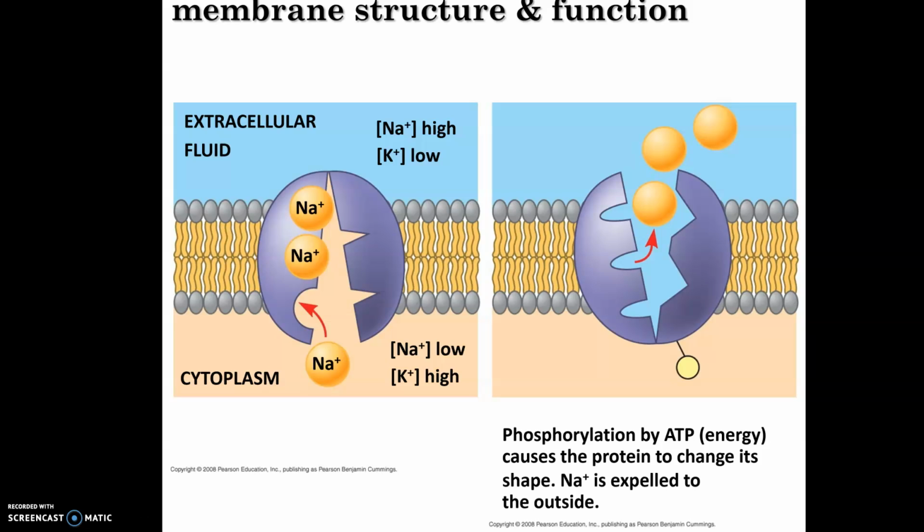Here's an example of the sodium-potassium pump, and you'll notice that we're going to move from a low sodium to a high sodium concentration, basically up the concentration gradient. In order for that to happen, a phosphate is going to have to be attached to this pump. Here's this phosphate right here. The ATP took one of those phosphates off and it became ADP.